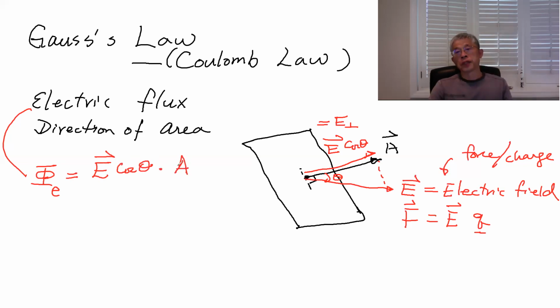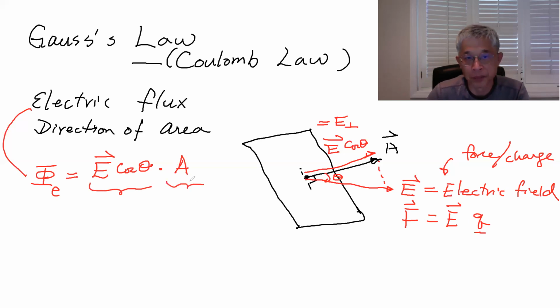Basically it's the component of the electric field that's parallel to the area's vector, and you multiply them together. So it's the electric field parallel to the A vector, but perpendicular to the surface of the area.